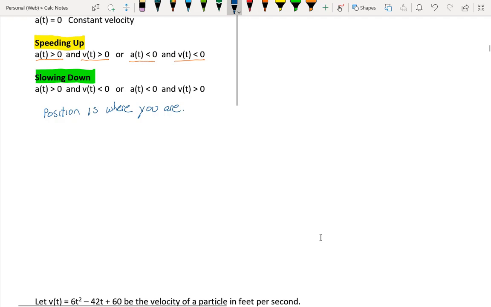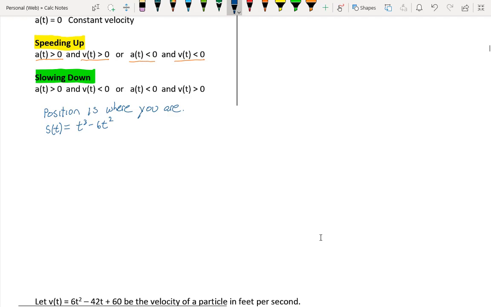So if I look at the position function, if I look at s of 0, I can rewrite it here. I've got plenty of room here. We had a position function, s of t equals t cubed minus 6t squared.